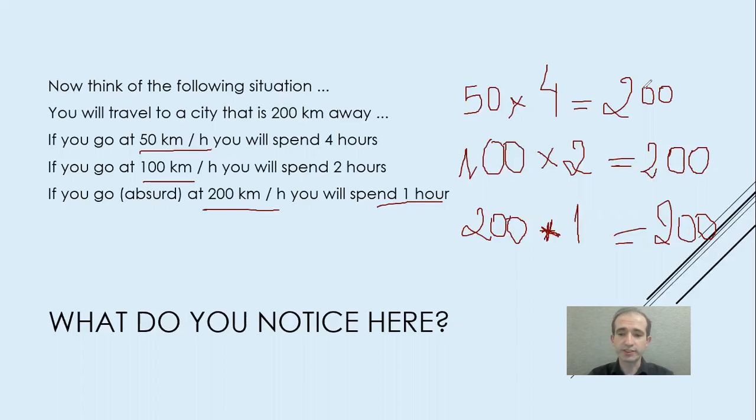What is the key point? The key point is the test that we did now. We did the multiplications between the pieces of information and we got the same value as the result, okay? It's very important to find this kind of pattern, okay?